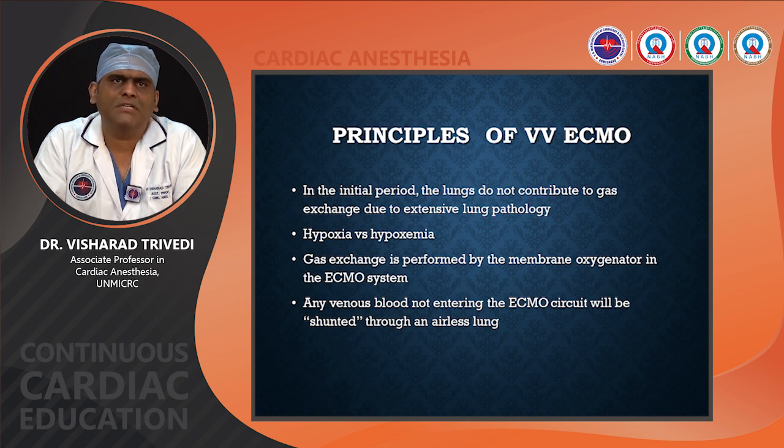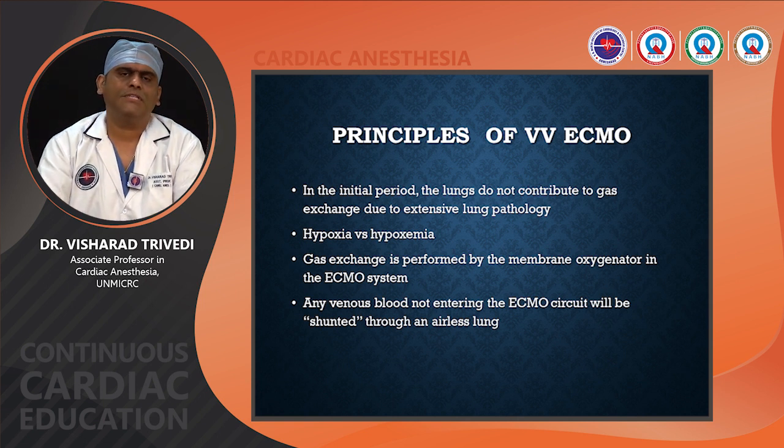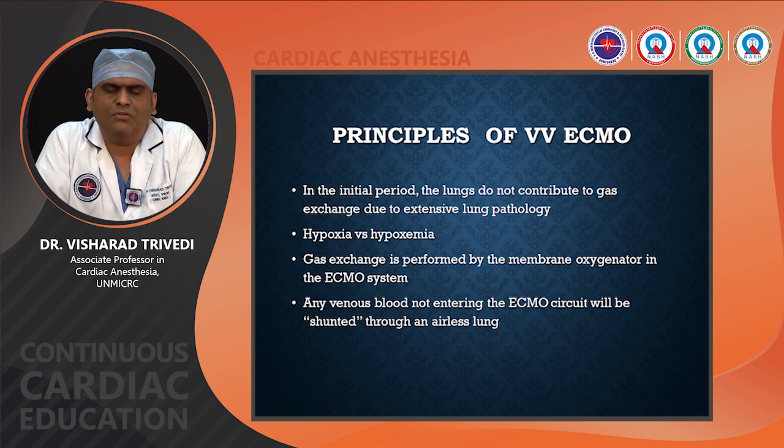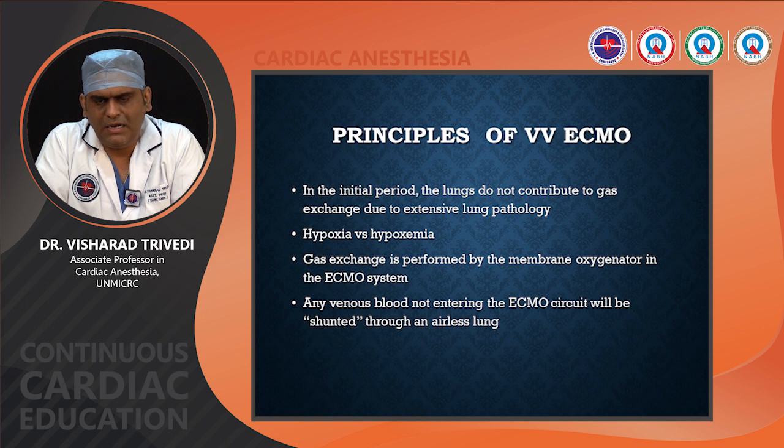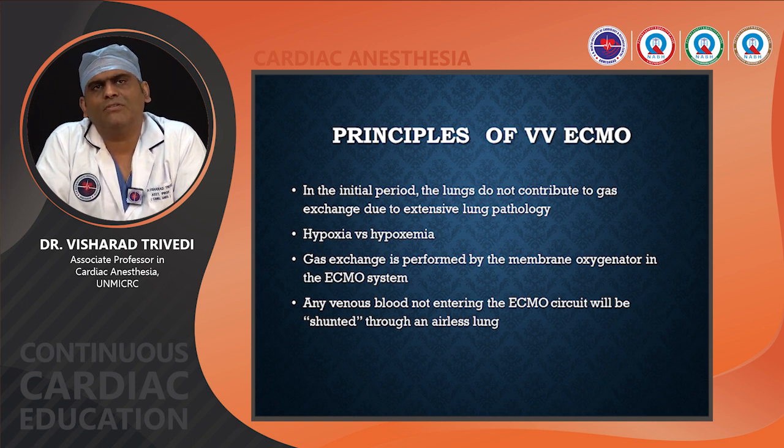So here comes the important concept of hypoxia versus hypoxemia. You are taking blood from the venous system, oxygenating it in the oxygenator and giving it back into the venous system, and the blood getting back into the venous system is mixed with the normal deoxygenated blood coming into the venous system.